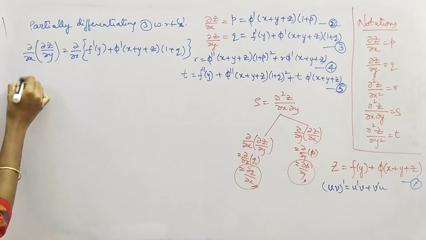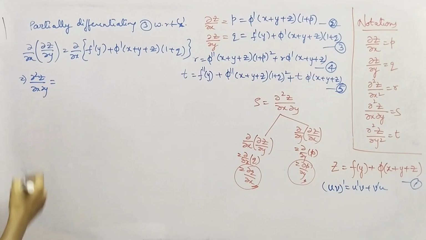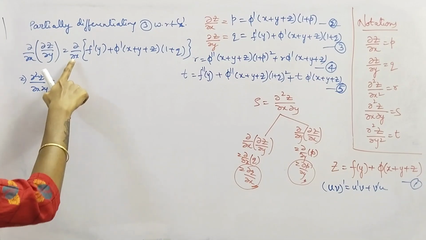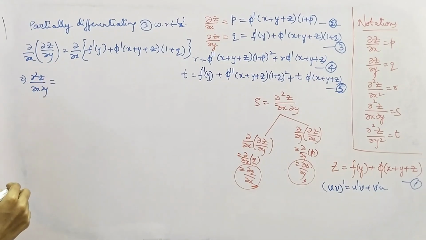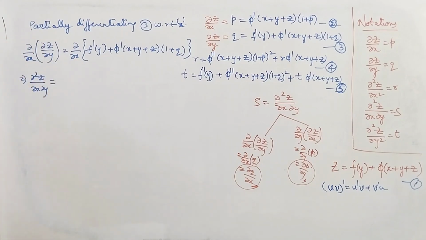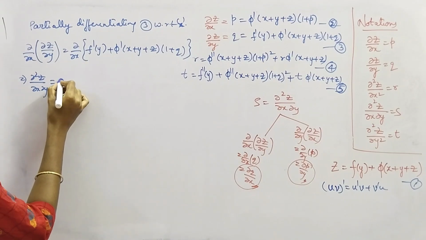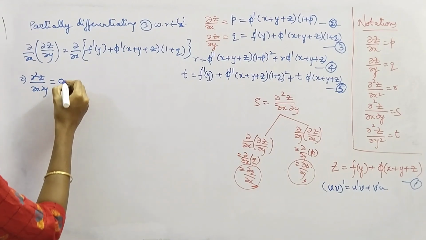This gives us dou square z by dou x dou y equal to, here we are partially differentiating with respect to x, so we'll treat y as constant. So f dash of y can be treated as constant, and the partial derivative of f dash of y with respect to x is 0.